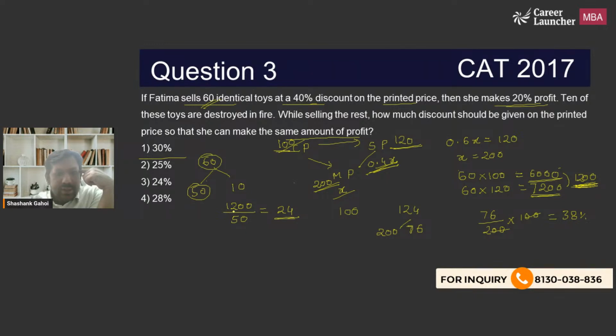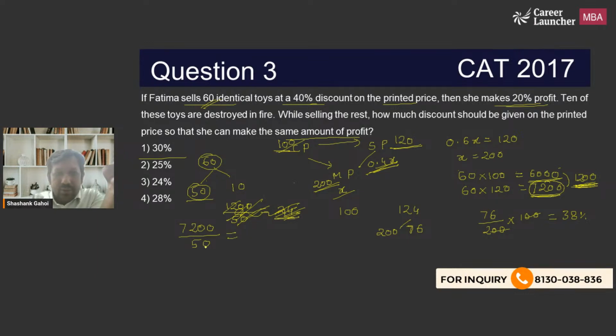This is going to be, instead of this, I think, oh, I think I made it wrong. So basically what is happening, this is a mistake I have made here. So basically what is the total selling price? That is 7200, right? So she has 50 toys and she needs to sell these 50 toys at 7200 because she wants to have the same amount of profit, right? So what is the selling price per toy?